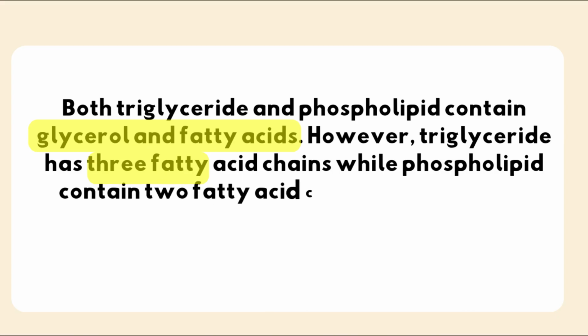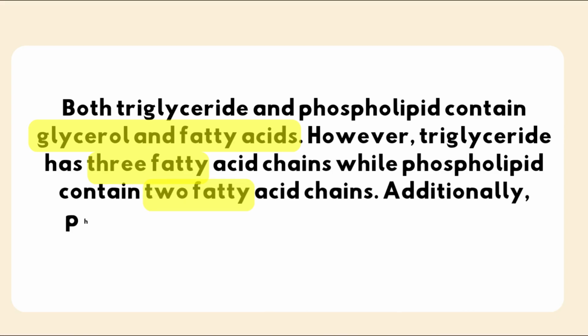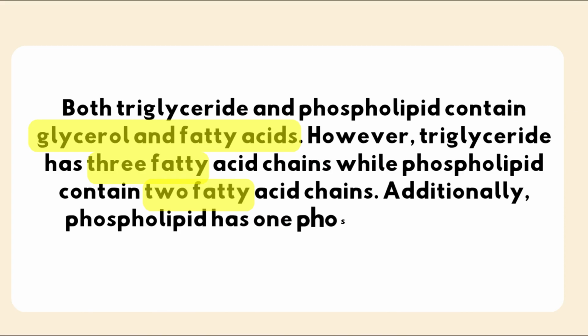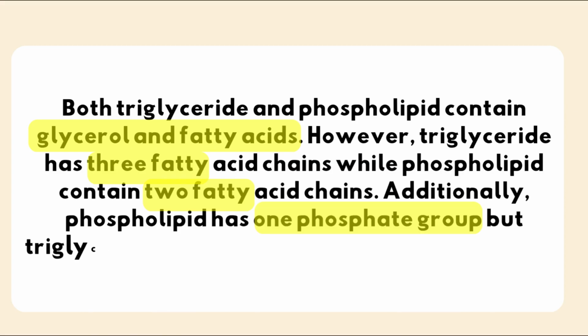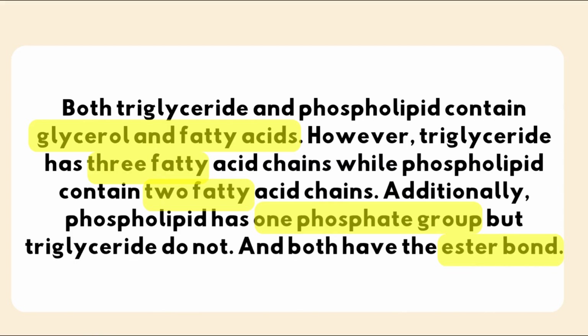In addition, phospholipids have a phosphate group, whereas triglycerides do not. And both molecules are linked by ester bonds. If you find a table easier, that's totally fine. But I encourage my students to practice writing in paragraph form because in many other questions like explain or discuss, you will need to write paragraphs anyway.